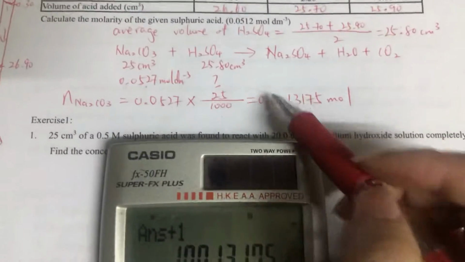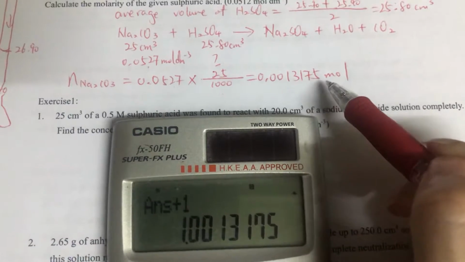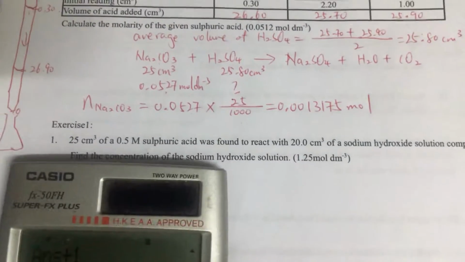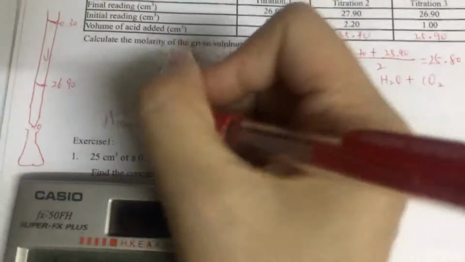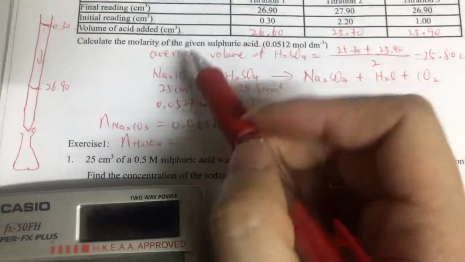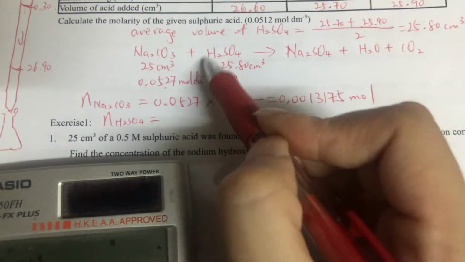Then you will know that it's 0.001317. And then next we need to calculate the number of mole of sulfuric acid. According to the mole ratio, it's 1 to 1. When it's 1, then it will also be 1. So the number of mole should be the same.